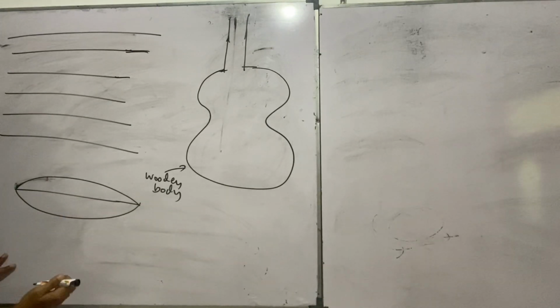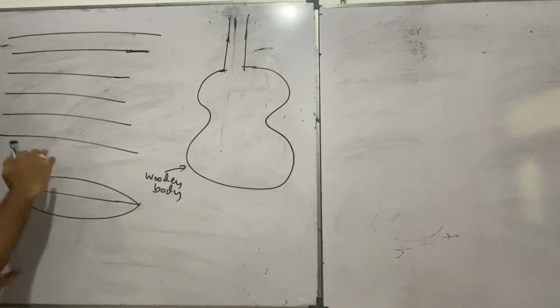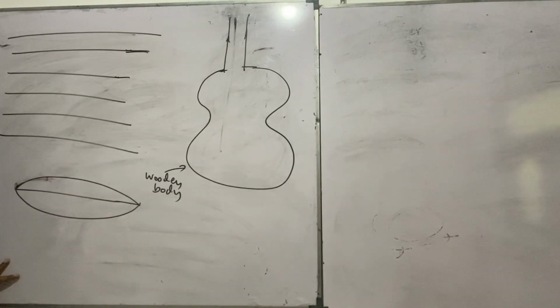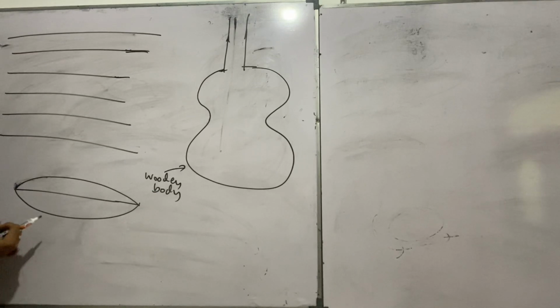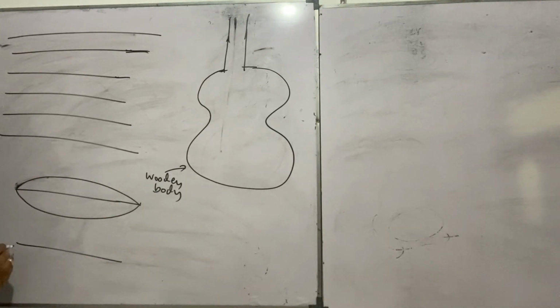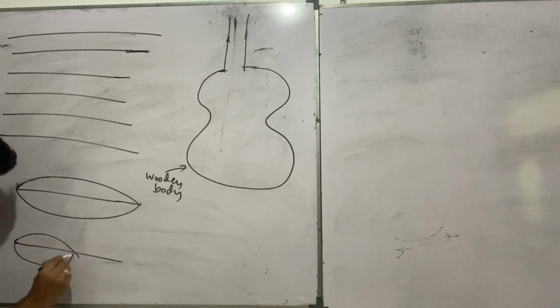Instead, it is a standing wave or stationary wave such as this. These stationary wave patterns are not just a single shape like this. It can obtain various shapes in this way.